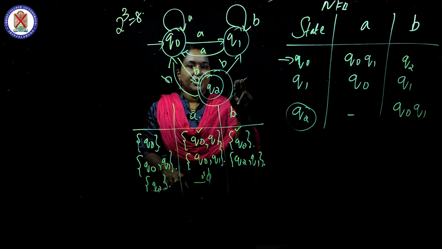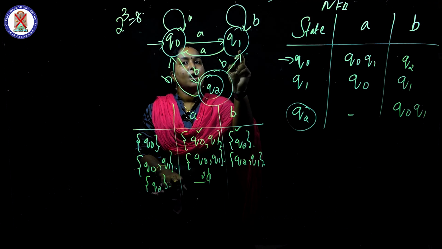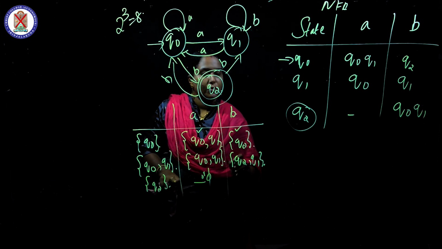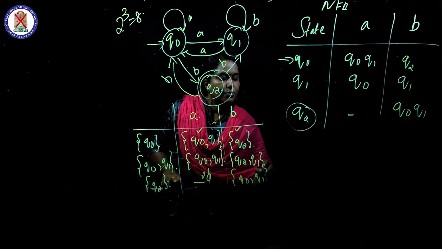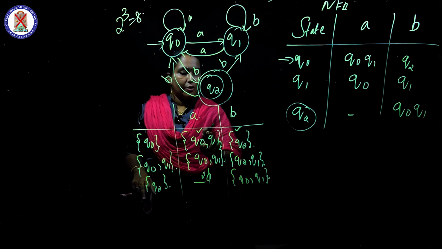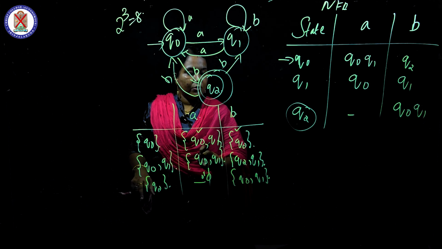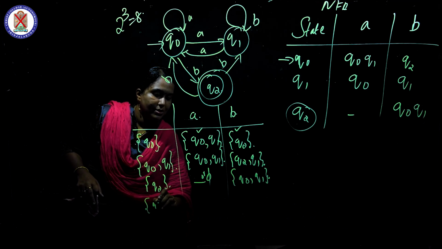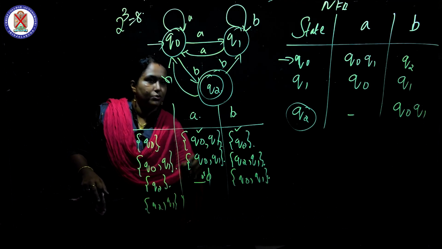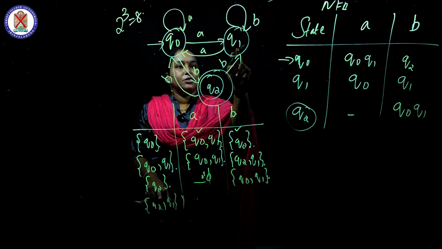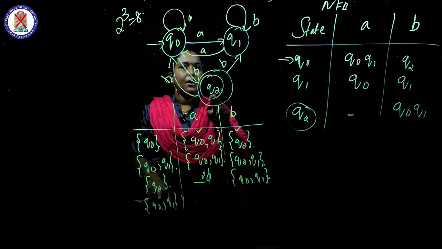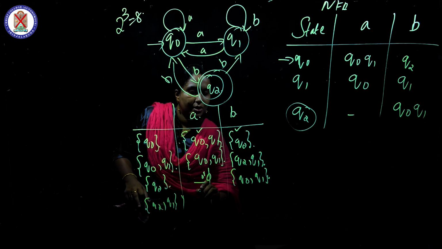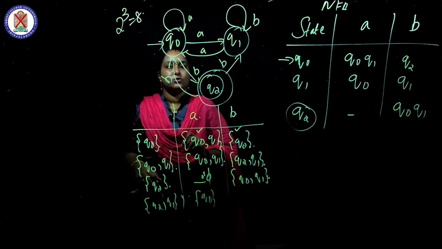Q2 on B goes to Q0 and also Q1, so Q0, Q1, which has been visited. Next we go to Q2, Q1. Q2 on A goes nothing, but Q1 on A goes to Q0. So the set will become Q0.